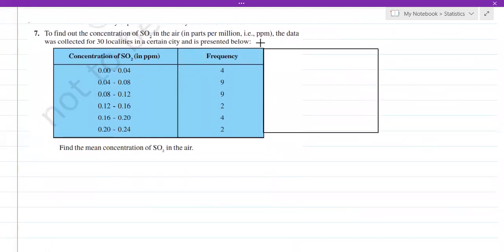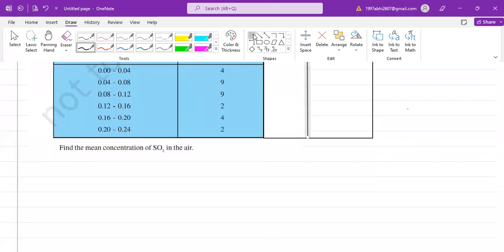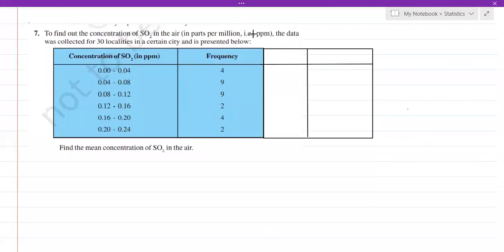Here we're going to solve it by the direct method. We need two more columns. One is xi, the other one is fi xi, isn't it? So let's find xi and fi xi.